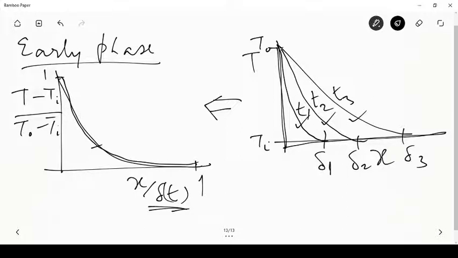This kind of a solution, where you can collapse similar looking temperature profiles onto a single temperature profile because of the self-similarity, the scaling that is used for normalization, is called a similarity solution.